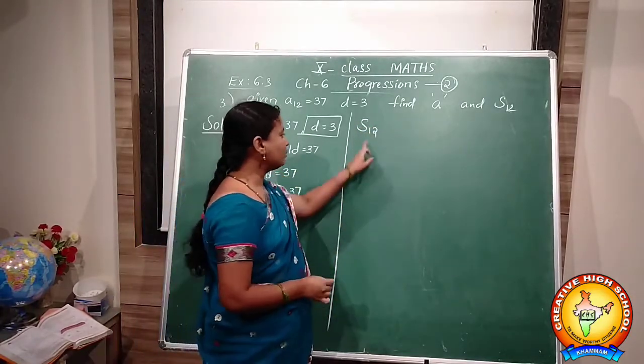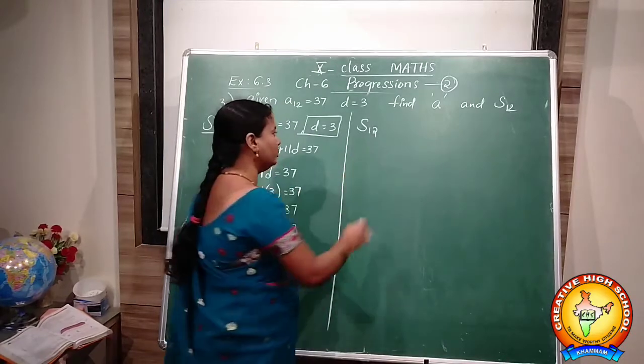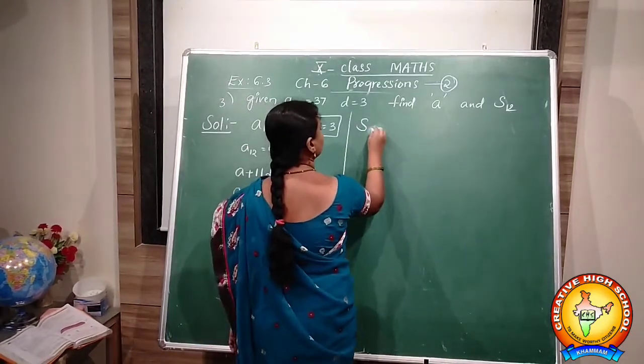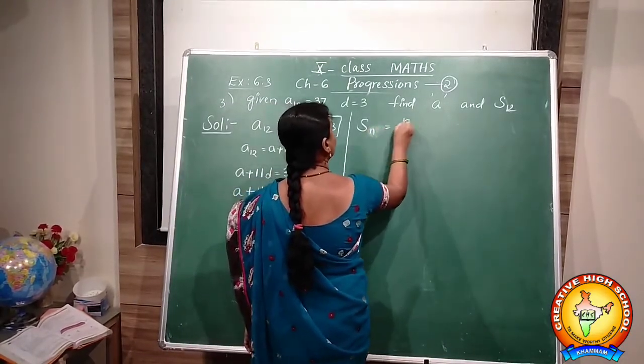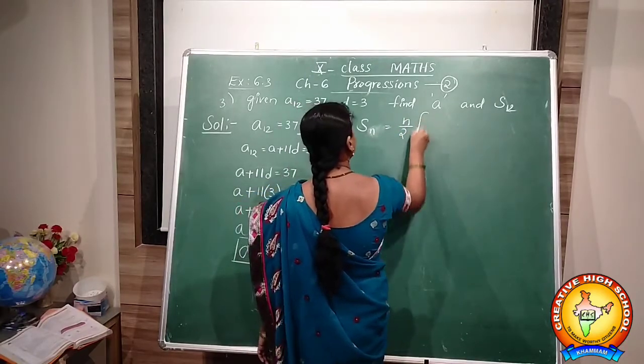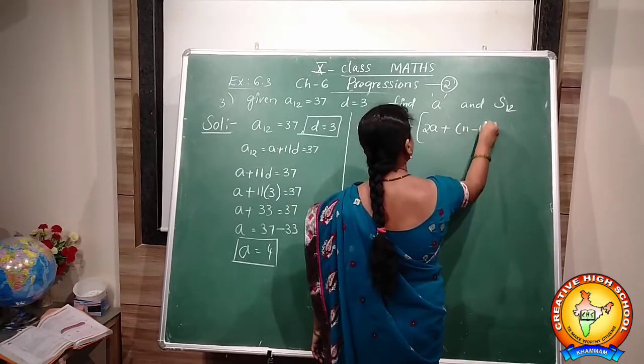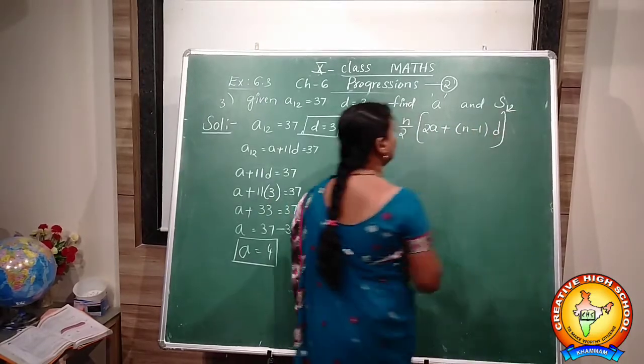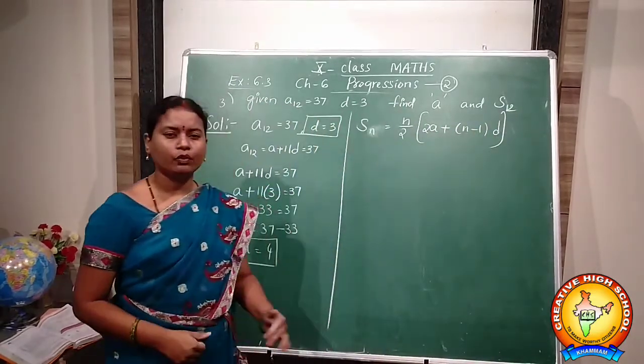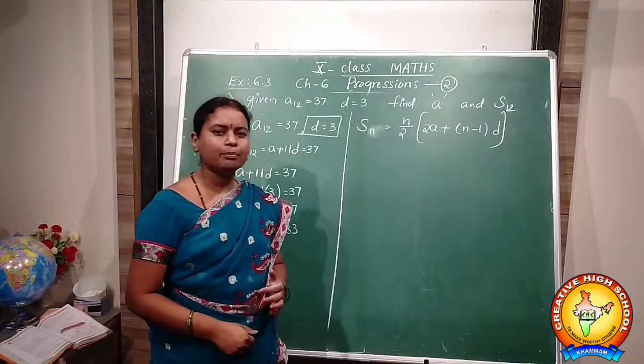So what is the formula? Sn is equal to n by 2 into (2a plus (n minus 1) into d) is the formula. Yes, this is the formula to find the sum of n terms in the AP series.